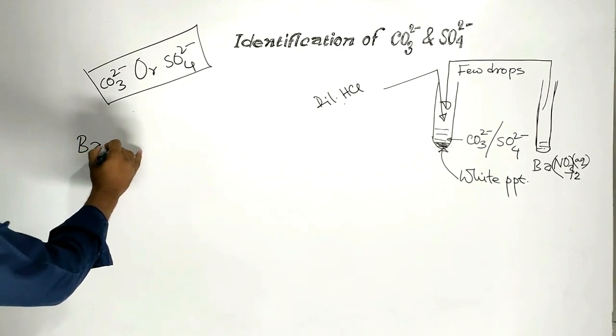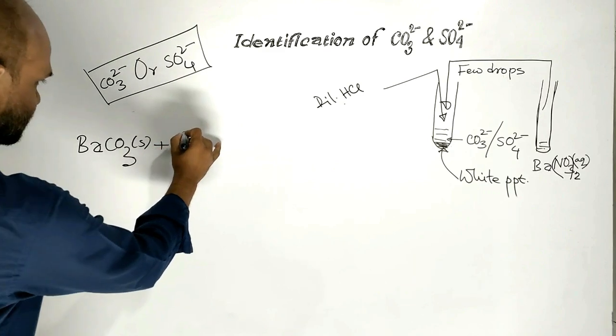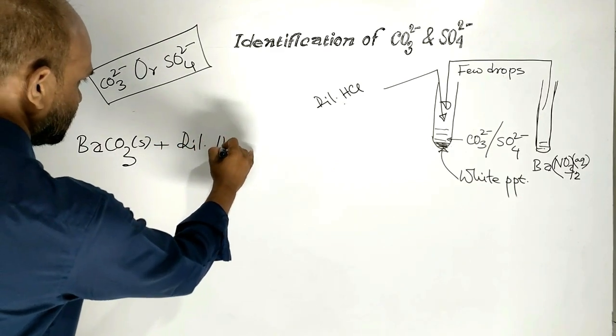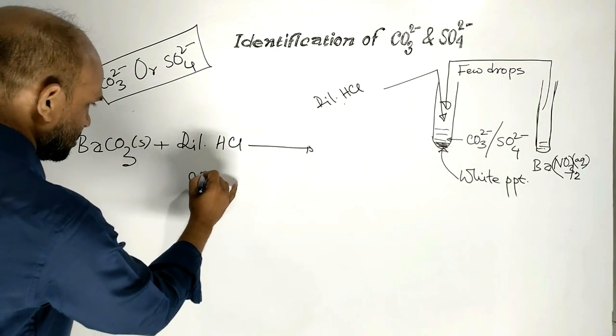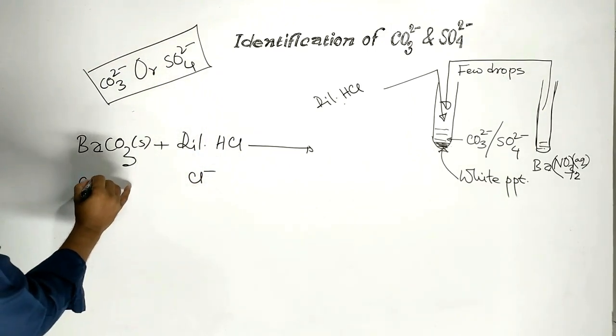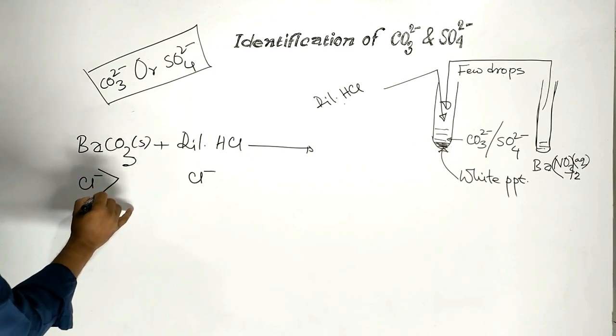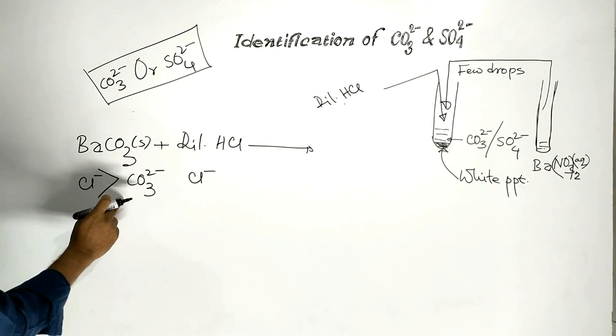Reaction between barium carbonate and diluted hydrochloric acid. Here, chloride ion. We know chloride ion is more reactive than carbonate ion. We know this from the electrochemical series of anions.